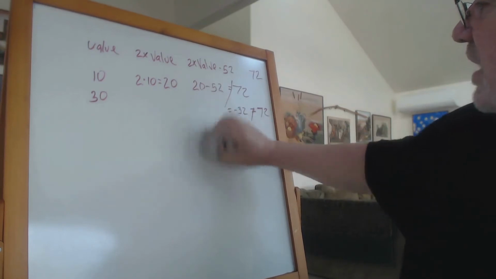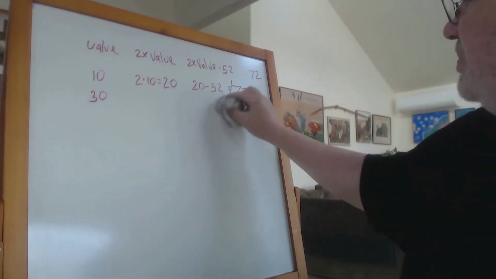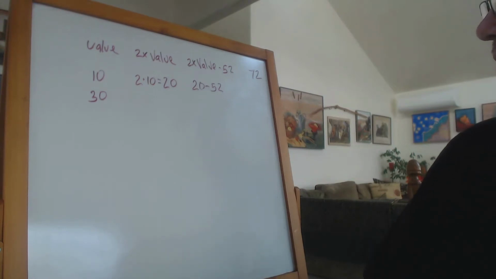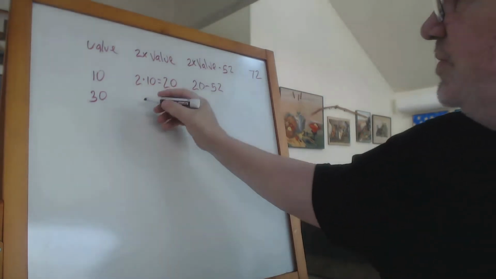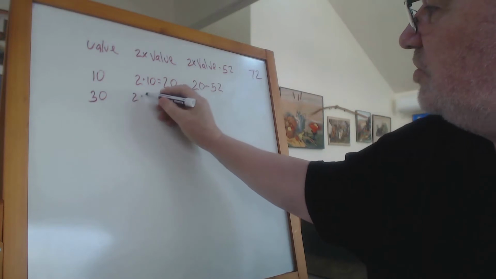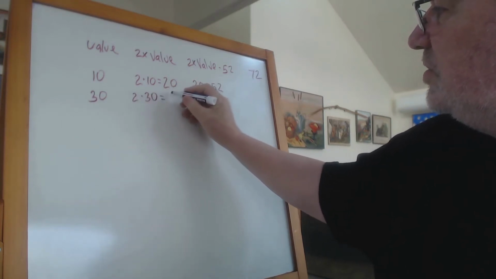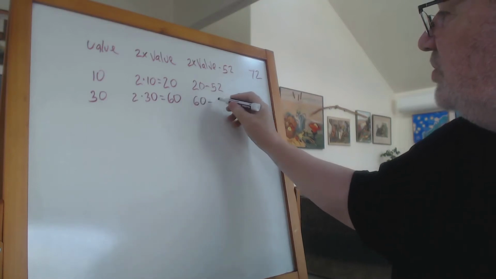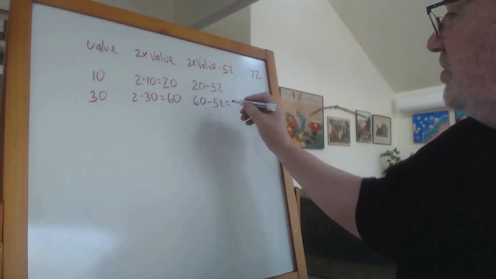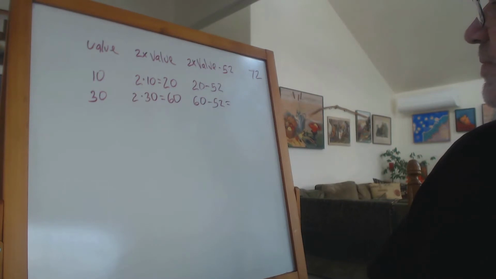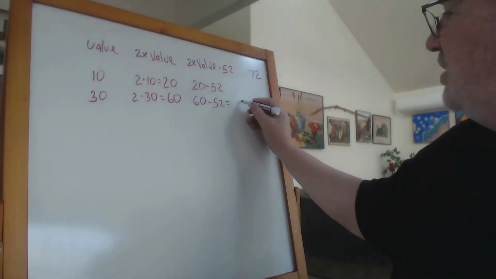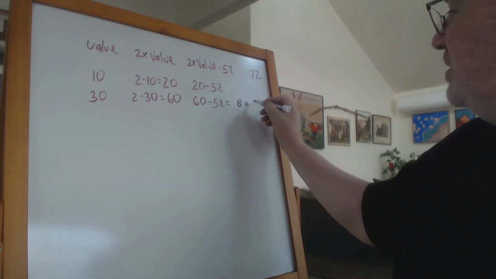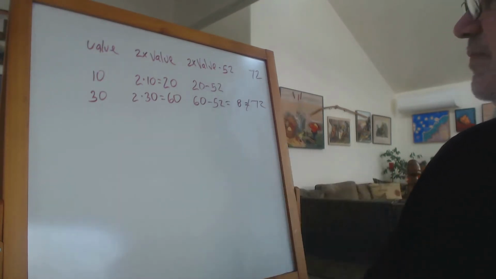So we're going to have to get a bigger number. So we guess 30. 2 times 30 is equal to 60. And 60 minus 52 is now in a positive realm, and that's 8. But that's still not equal to 72.